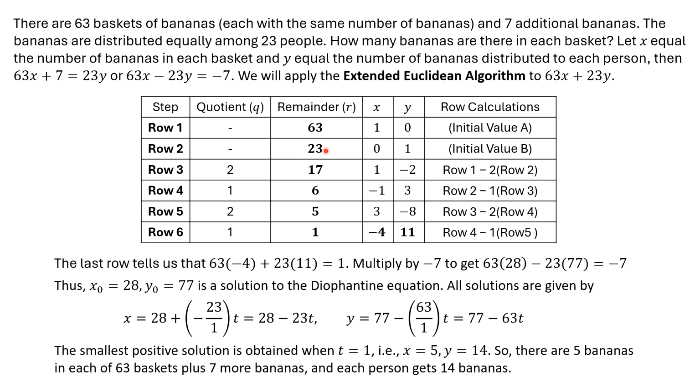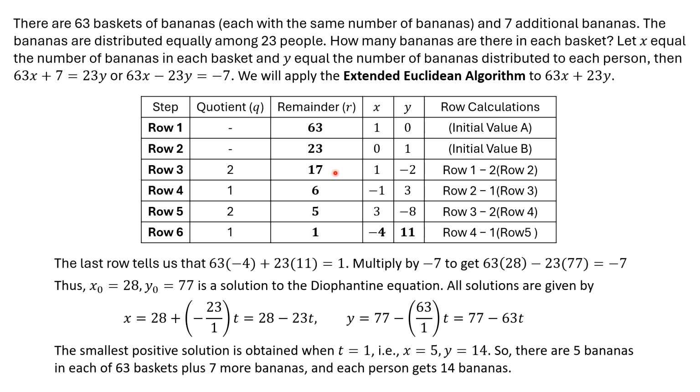We see how many times we could divide 23 into 63 without going over, and that's twice. So we'll take twice row 2 from row 1, which I've noted here, and we get 17. Then minus 2 times 0 plus 1 is 1. Then minus 2 times 1 added to 0 is minus 2. Then we do the same thing with rows 2 and 3.